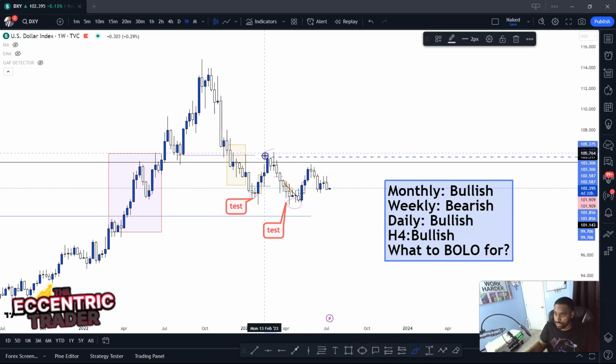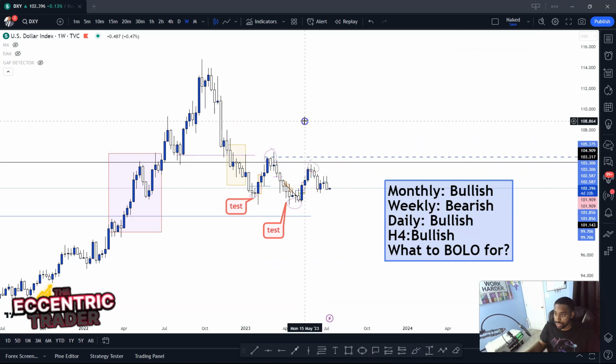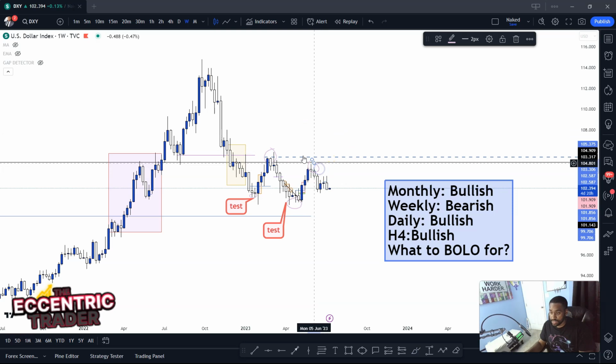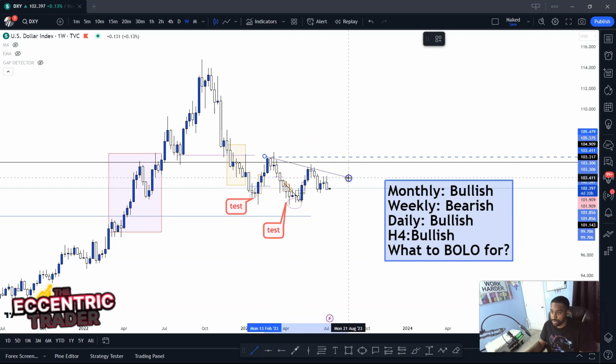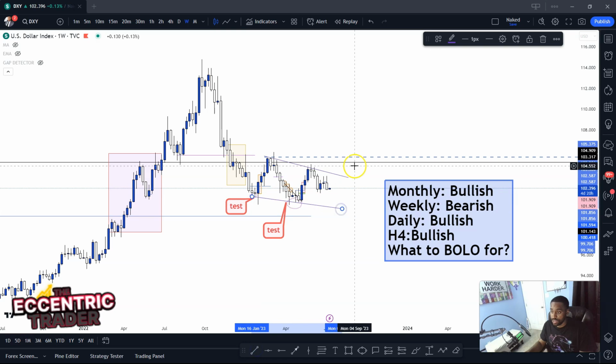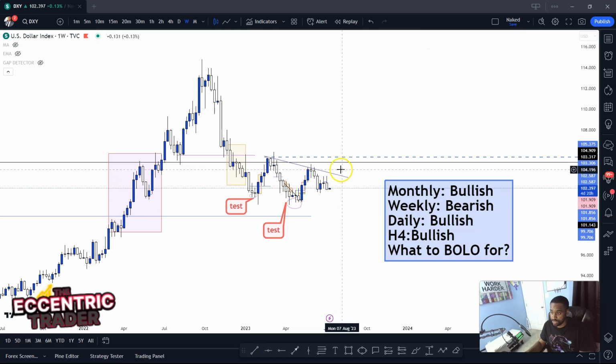So essentially, it's in a downward channel right now. If I was to draw 2 trend lines and try to connect them, it will be in some type of downward channel. And obviously you get a test right here and also a test right here.